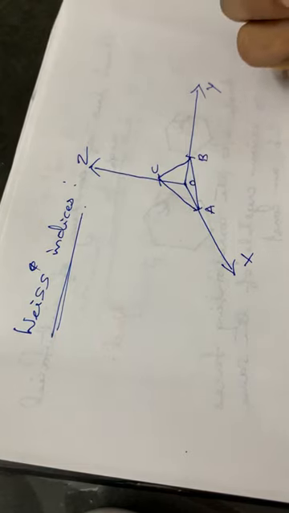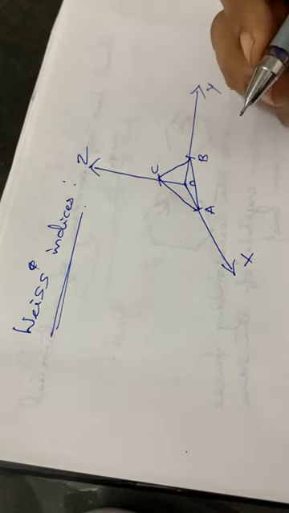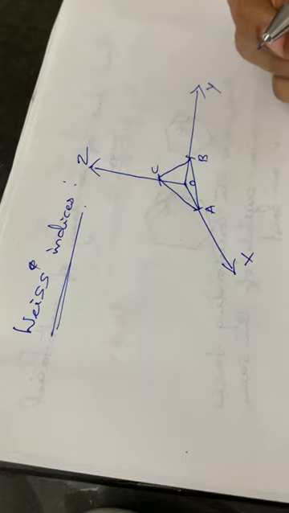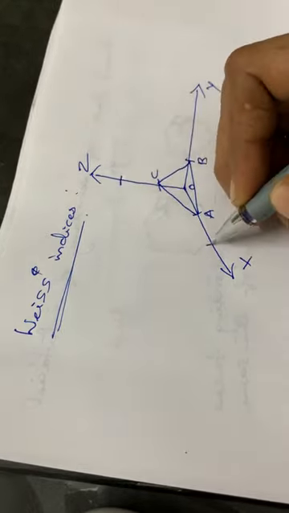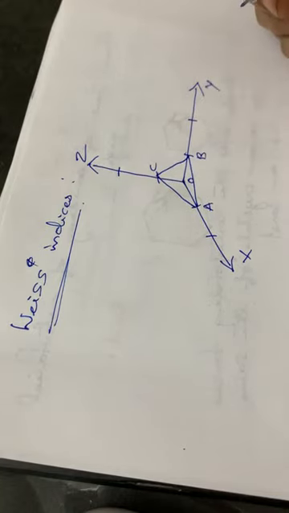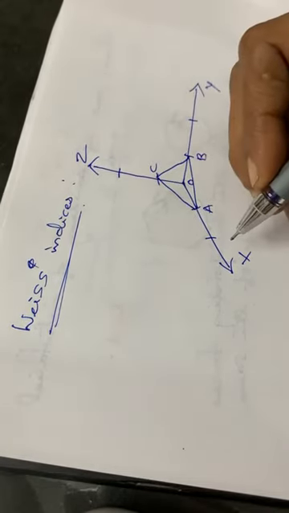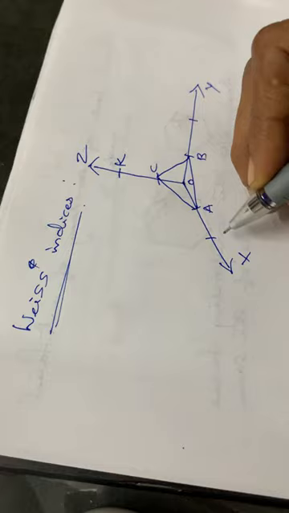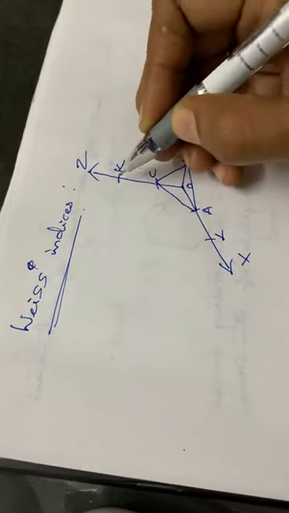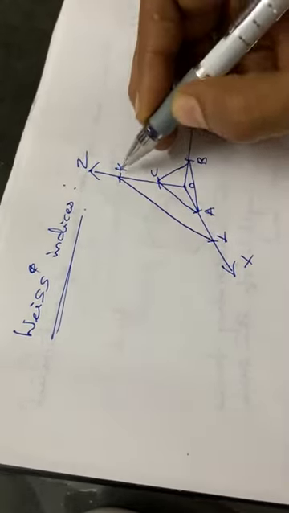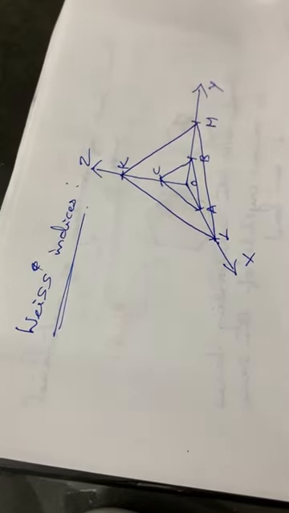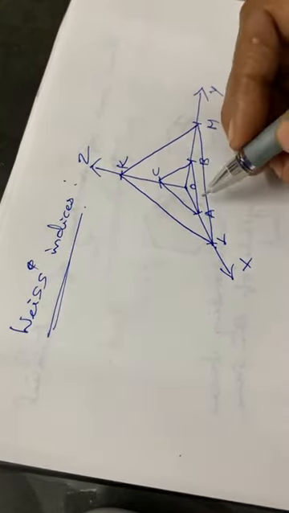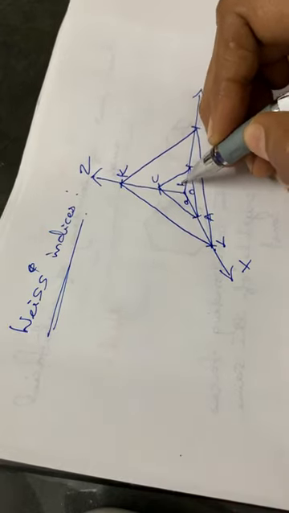And again there will be other intercepts at the points K, L and M. So according to the Hayes law of indices, we can say that this is a unit cell A, B and C.